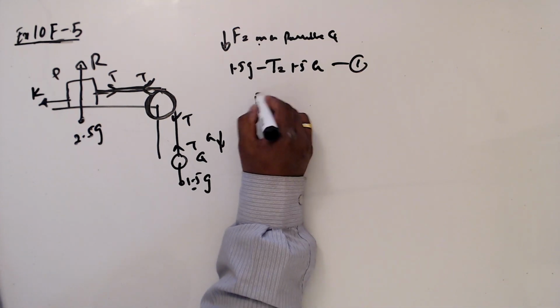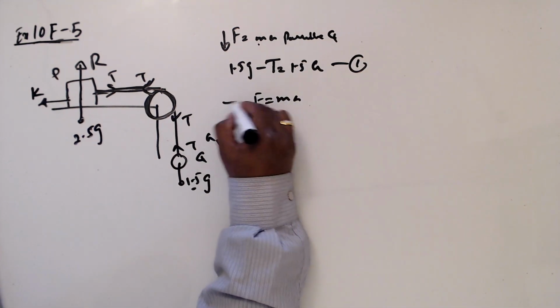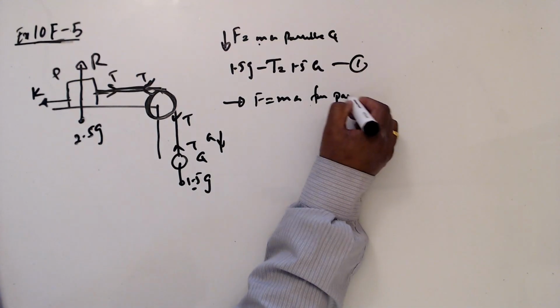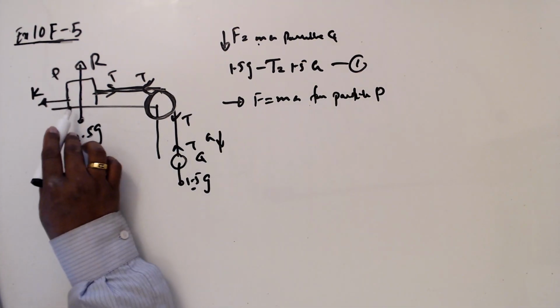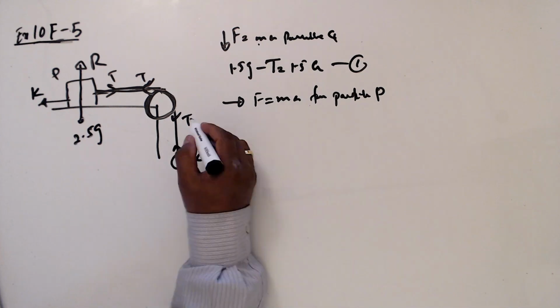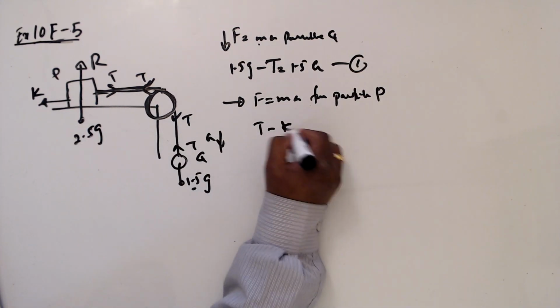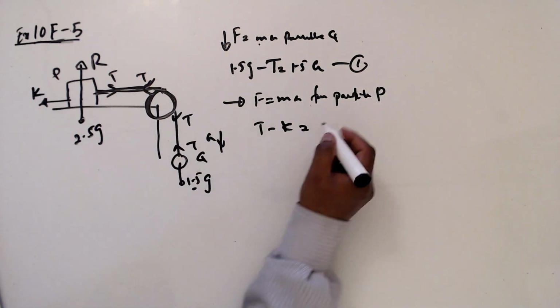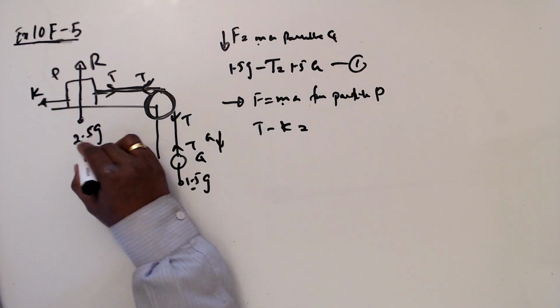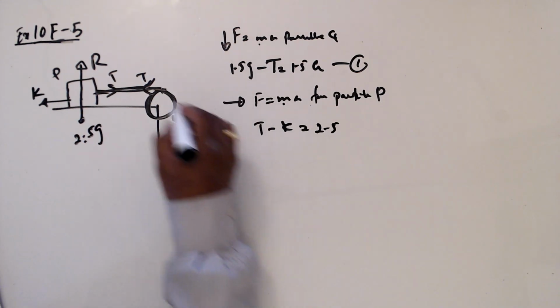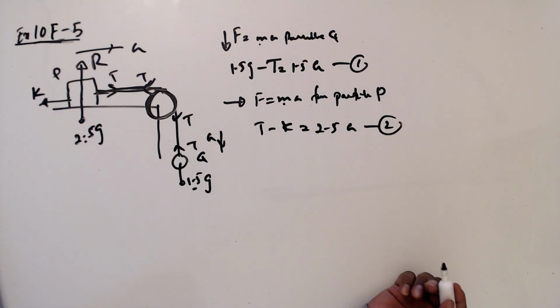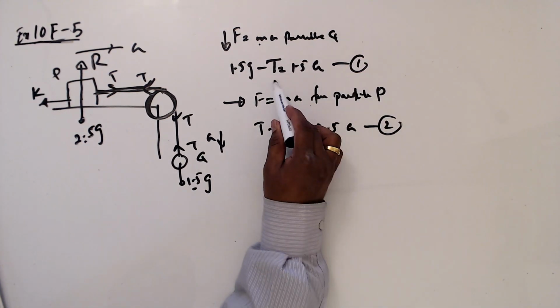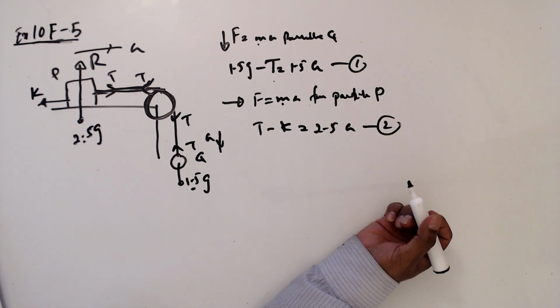The second equation is F equals ma in this direction for particle P. I can see two forces there: T minus k equals 2.5a, moving in this direction with the same a. So this is the standard equation 2. Now how many unknowns? 1, 2, 3 unknowns. There should be another piece of data to find k.